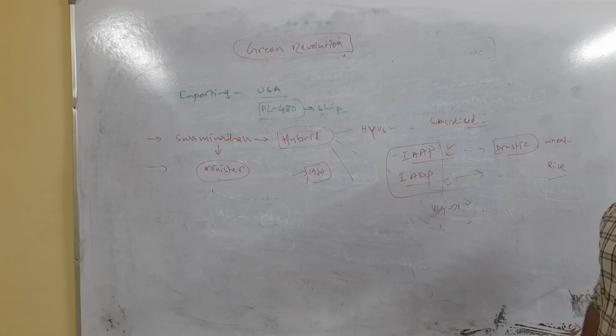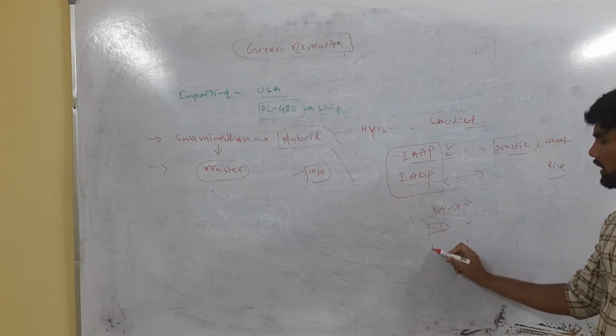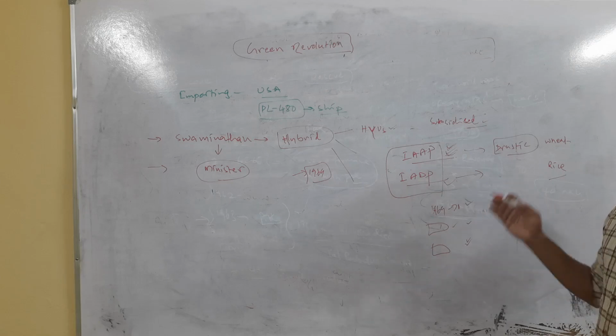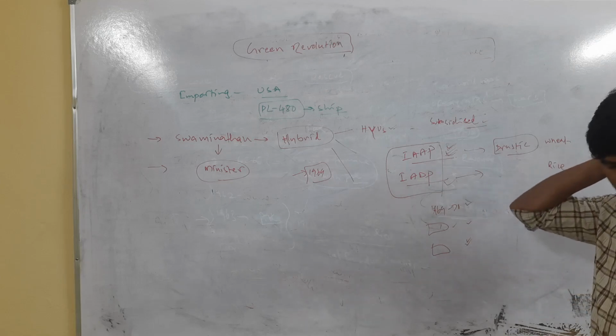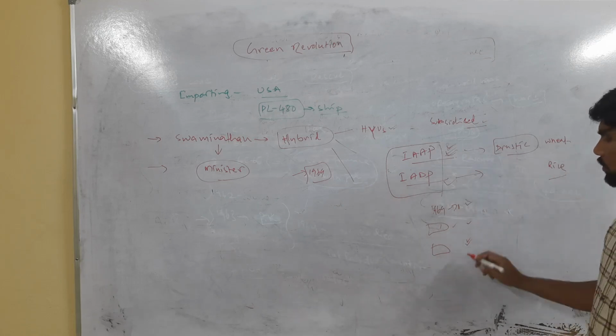Next year also we saw a lot of increase, further increase on the previous year, and the next year a lot more increase than this year. Like that, food grain production started to increase drastically.